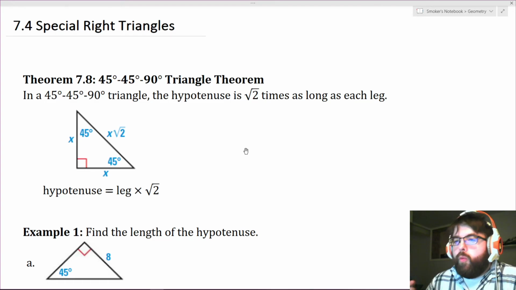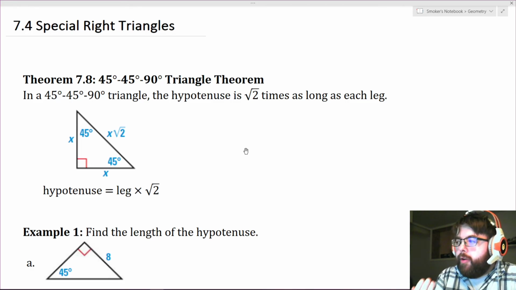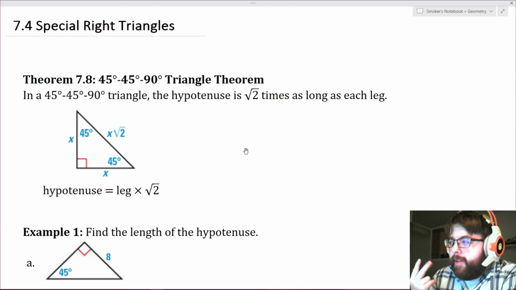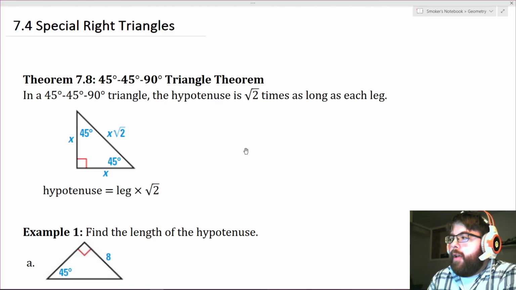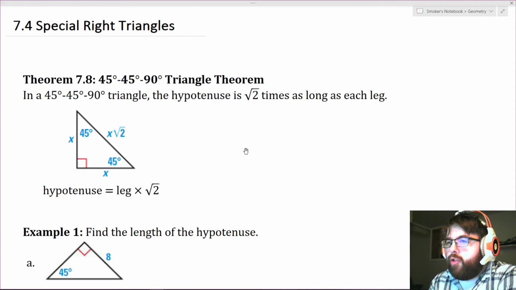You only need to be given one side, and from that one side, you can find the other two side lengths. So instead of being given two sides and being able to find one, we can be given one side and find the other two sides. That's what makes special right triangles unique, and there are two types of them.